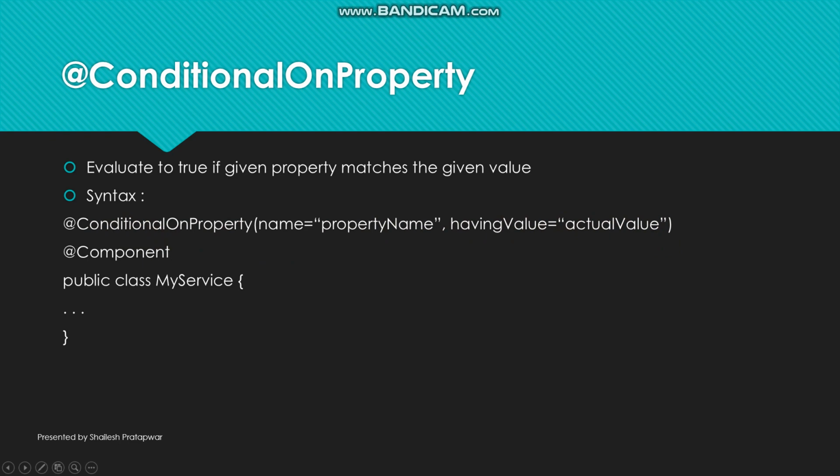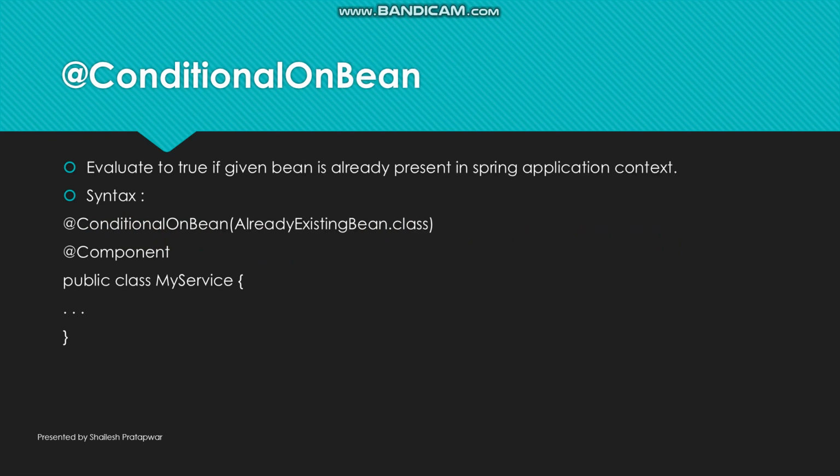So let's look at the next one, ConditionalOnBean. This annotation will evaluate to true if a given bean is already present in the Spring application context. So the syntax is @ConditionalOnBean and the bean that you want to check whether it is already present.